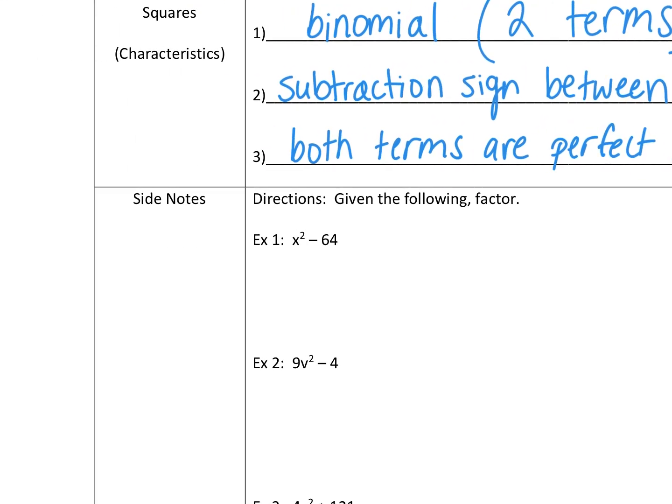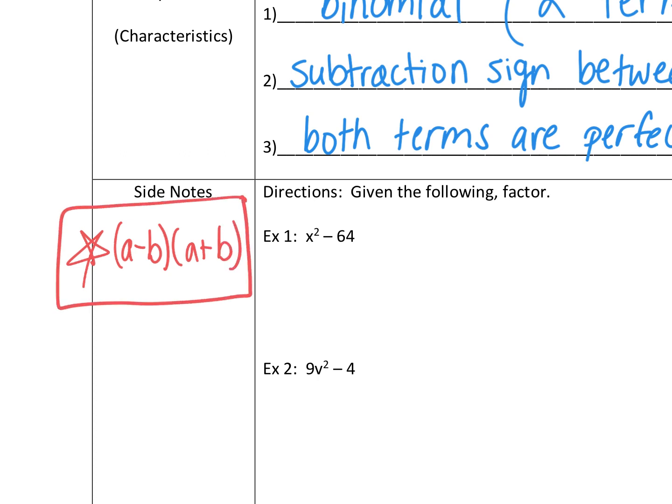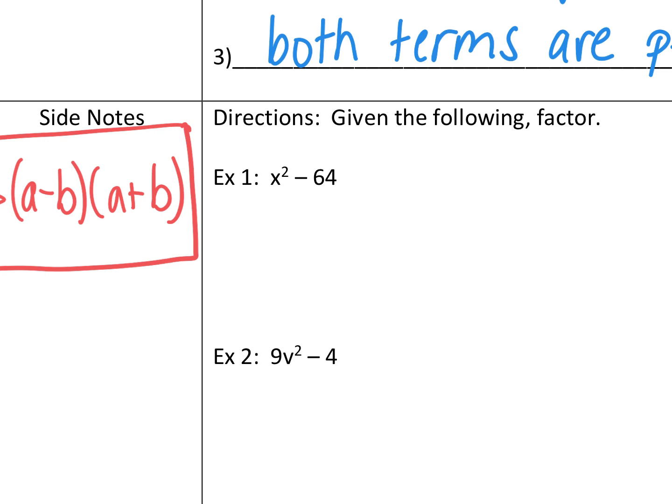So how do we do this? Here is the formula that we need for difference of squares. Write this down: a minus b times a plus b. So we're factoring. We look: can we take out a GCF between x squared and negative 64? Nope, those don't have a GCF. So now we check. I've got two terms.